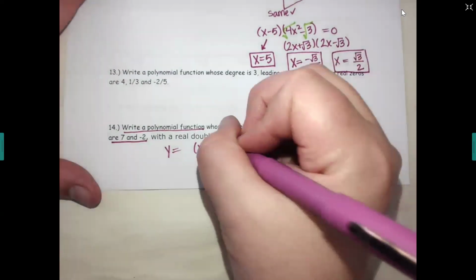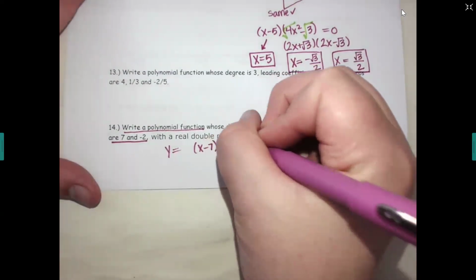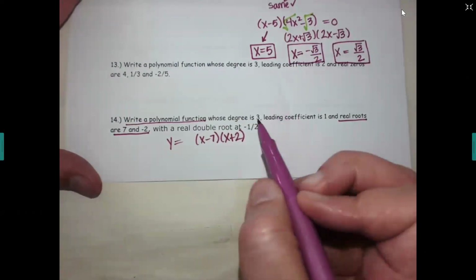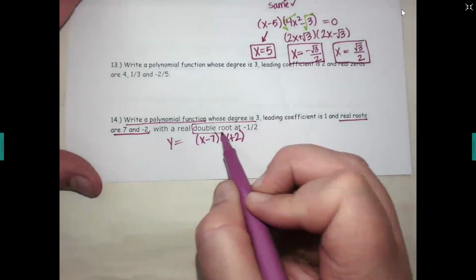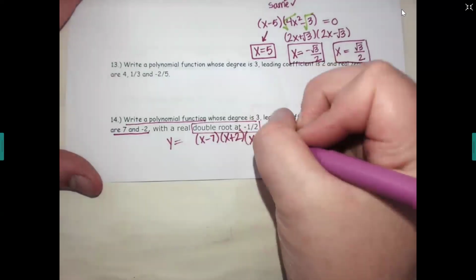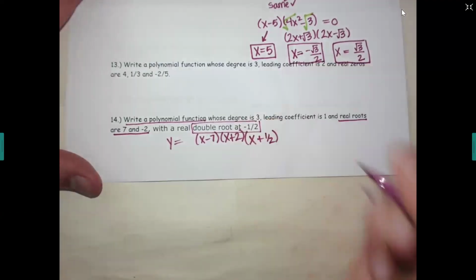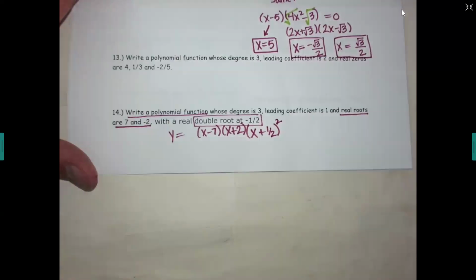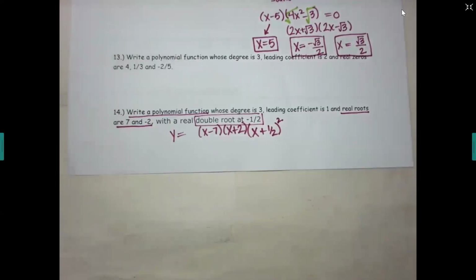Very good. Now, a double root means that it's going to be listed twice as an answer. And where do I want my double root to be at? -1/2. So I'm going to put X plus 1/2, because remember, it's always the opposite. And then to show that it's a double, I can either write it out twice or I can just put a square on it.